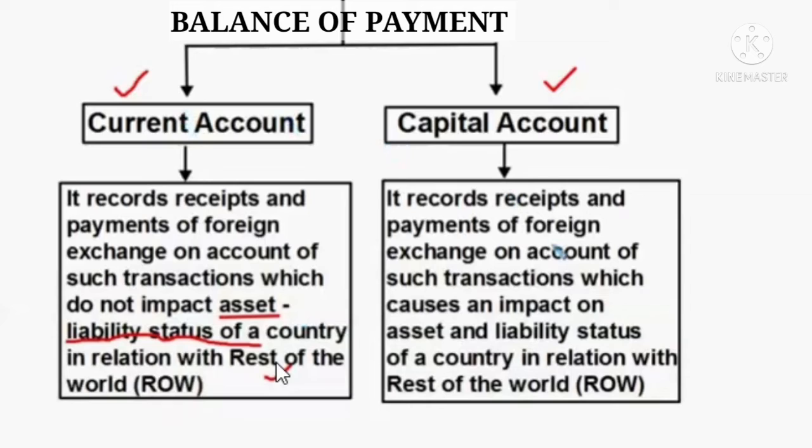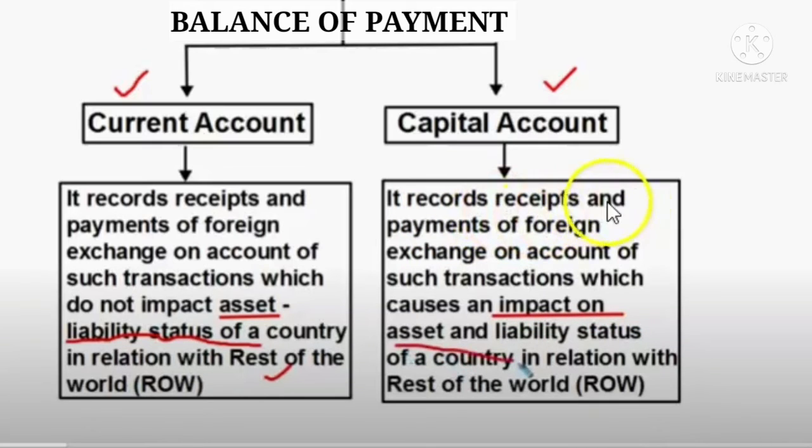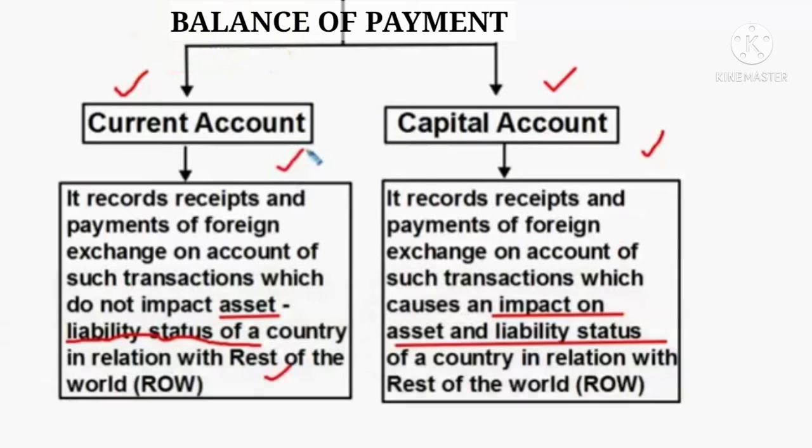The capital account records receipts and payments of foreign exchange on account of such transactions which cause an impact on the assets and liability status of a country in relation to the rest of the world. So this is the balance of payment account.